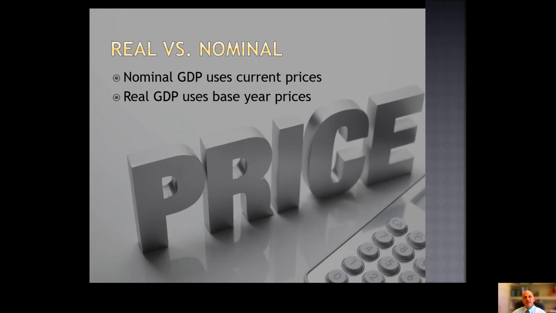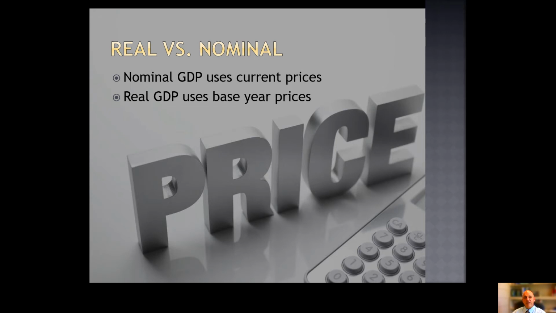But one thing that we need to recognize is that prices matter. If we were to indicate that we have a much higher GDP than we used to, we have to recognize that, well, prices are a lot higher than they used to be. Well, if we're going to use the current prices, that's what's called nominal GDP.